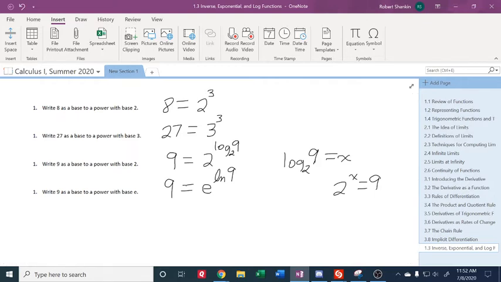Then if I did e to the x, e raised to the first few digits of that, 2.197, I'm going to get something really close to 9. I get 8.9979.